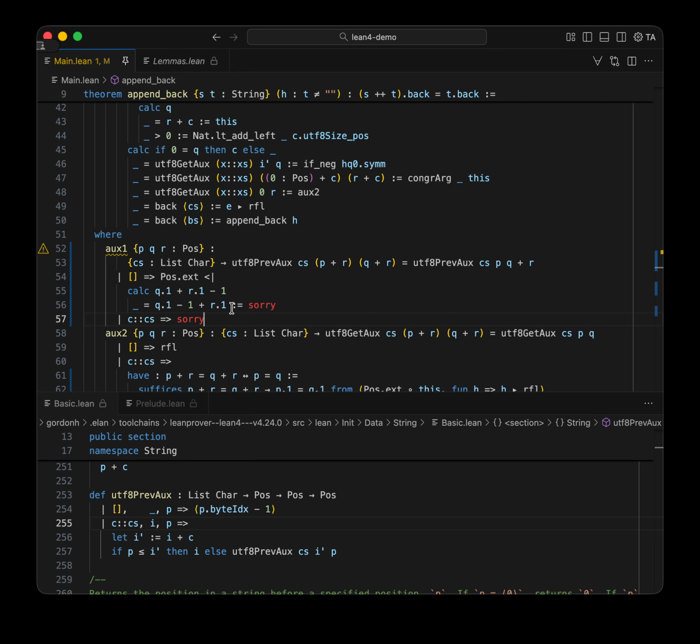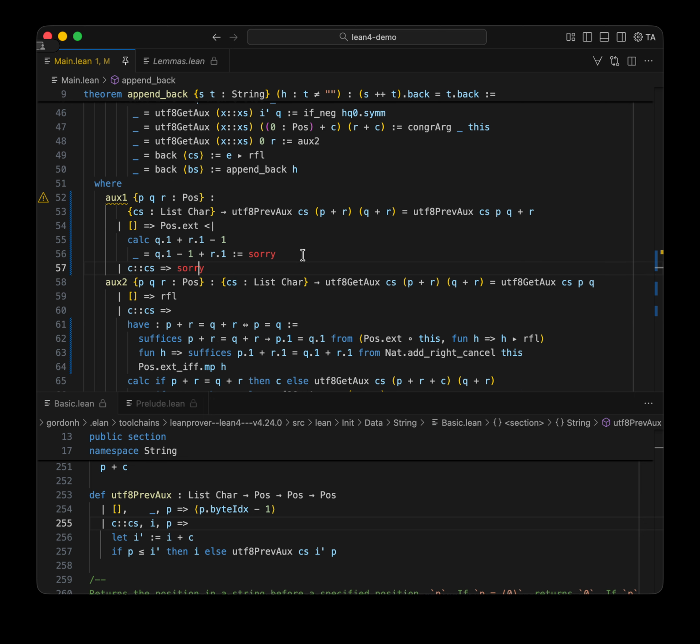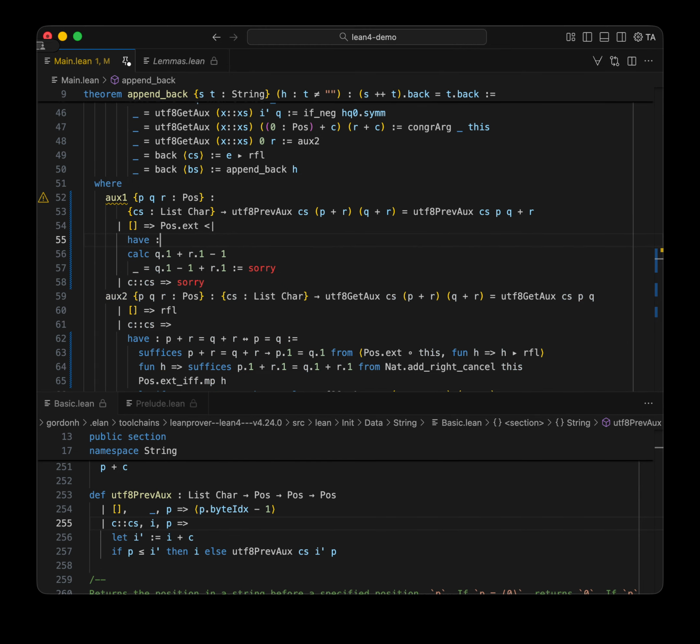So there is a counterexample to this. Man, counterexample. 0 plus 1 minus 1 is not 0 minus 1 plus 1.